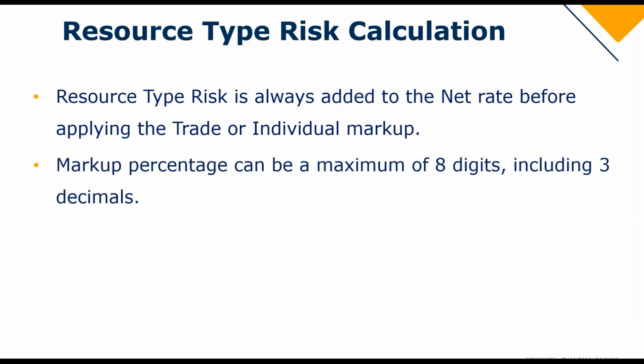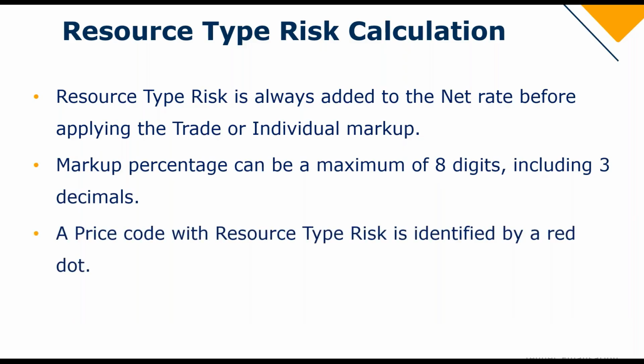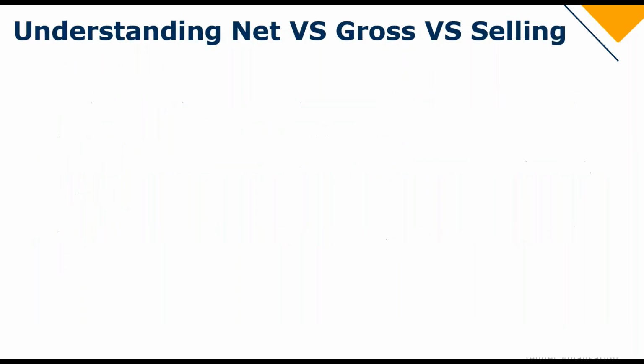Markup percentage can be a maximum of 8 digits, including 3 decimals. A price code with the resource type risk is identified by a red dot in Candy. These are all the considerations to take into account when using the resource type risk calculation.